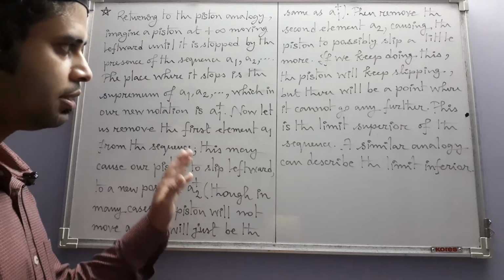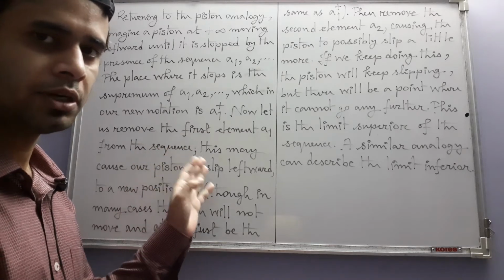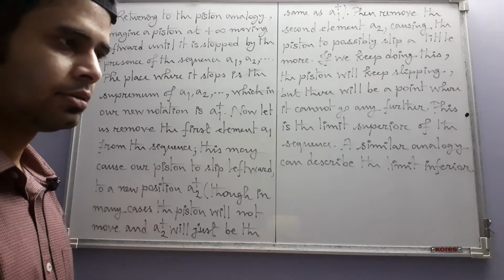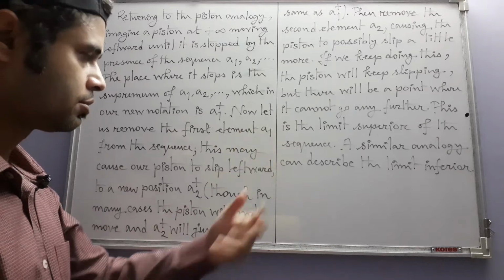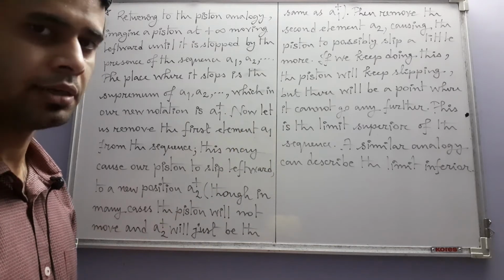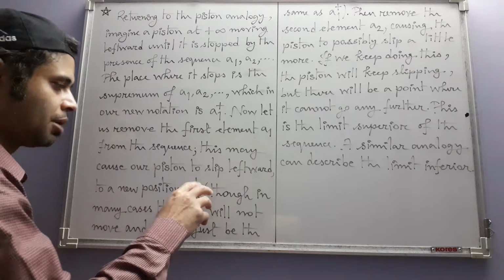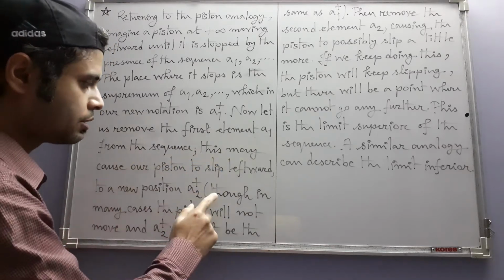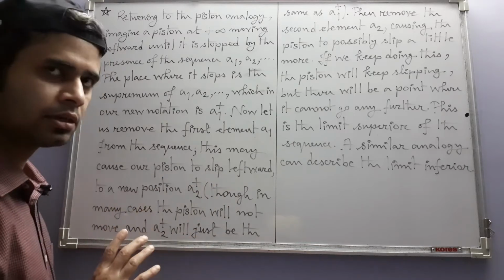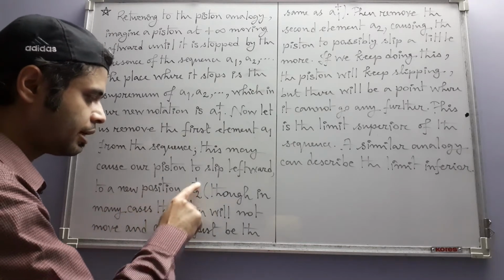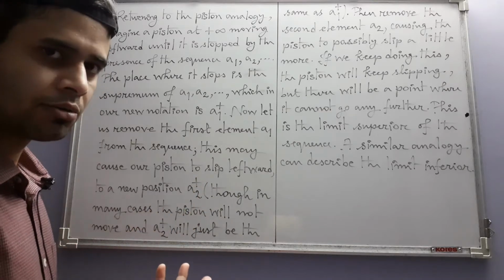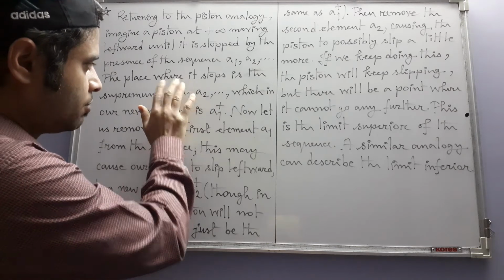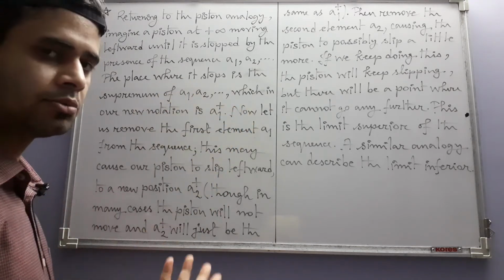We have already seen in some of the examples in the previous video that even after removal of A1, the supremum may not change, but it may change also. That's why we are saying this may cause our piston to slip leftward, thus changing the supremum to a new position A2 plus. According to our notation, A2 plus is the supremum of the sequence obtained after removal of A1.